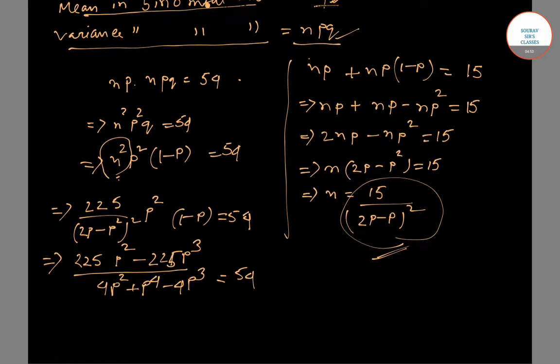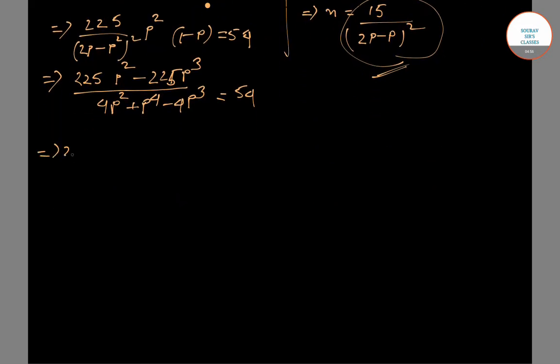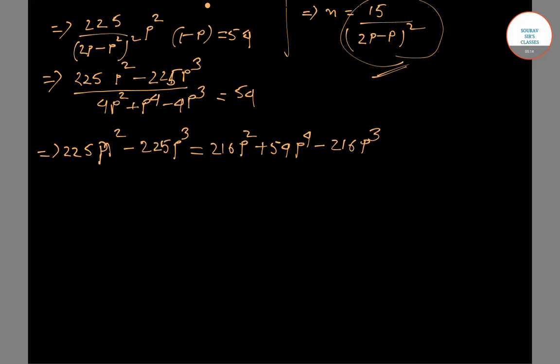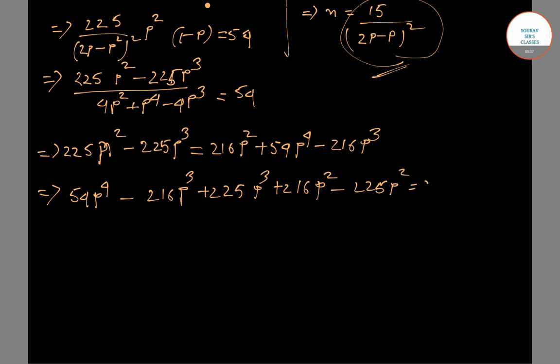Now if you further solve it, you will get 225 p square minus 225 p cube equals 216 p square plus 54 p to the power 4 minus 216 p cube. Further, you will get 54 p to the power 4 minus 216 p cube plus 225 p cube plus 216 p square minus 225 p square equals 0.